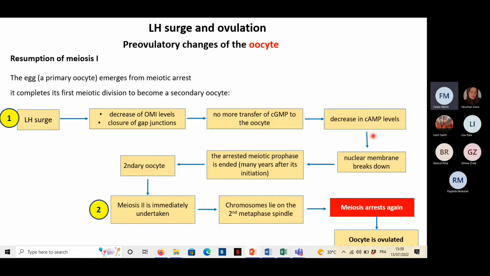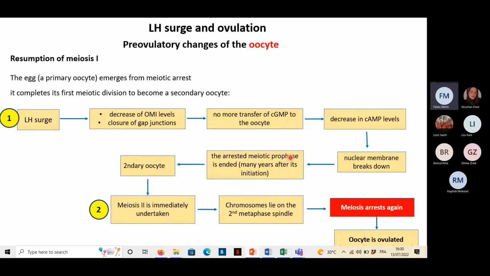And as a consequence of the decrease in the cyclic AMP levels, the nuclear membrane will break down, and the arrested meiotic prophase is ended many years after its initiation.